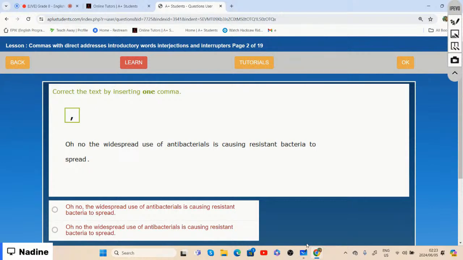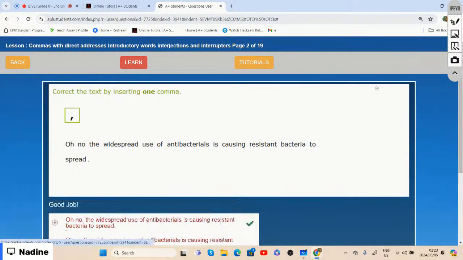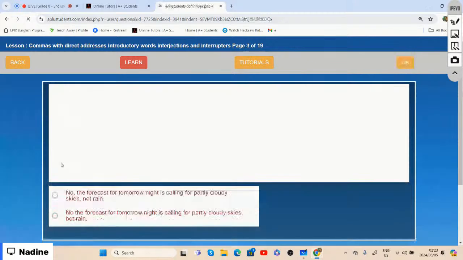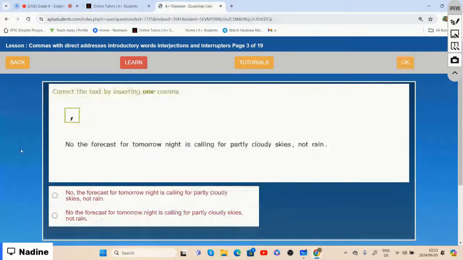All right. If we were to choose the correct one, then yes, we will choose option one, because we use the words oh no as well as a comma, and that is also a mild interjection. So well done. We need to insert our one comma within the sentence. It says, no, the forecast for tomorrow night is calling for partly cloudy skies, not rain.